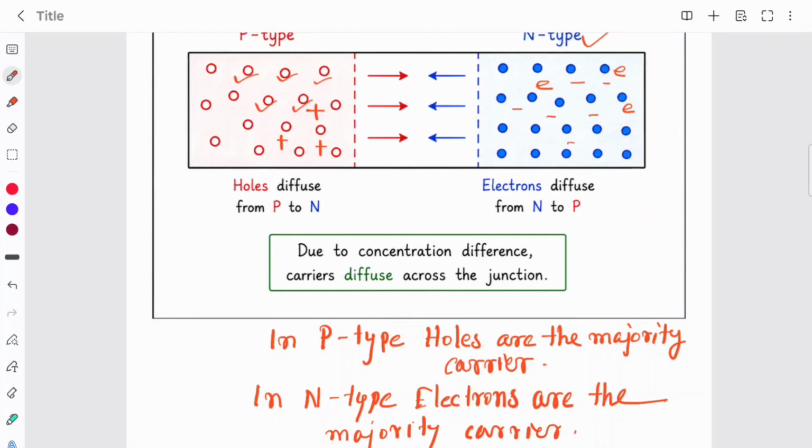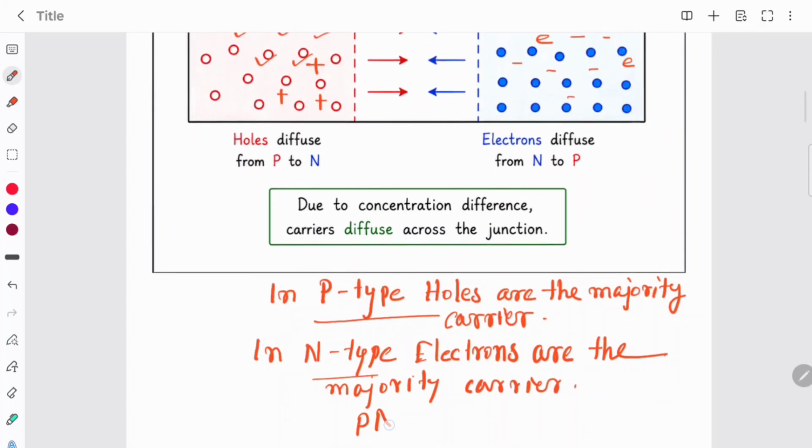Now, if we join these two materials together, it will create a PN junction, and this PN junction is responsible for the unique behavior of the diode.